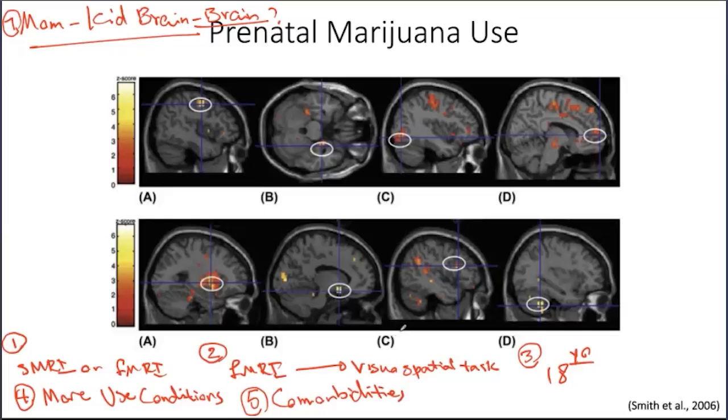Comorbidities. Those moms, have they been experiencing any mental health issues? Have they had any sort of, let's say, traumas in that period of time in their life? I mean, you can imagine a mom who is still using cannabis every day in pregnancy.